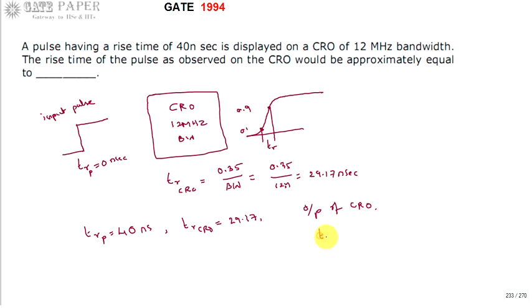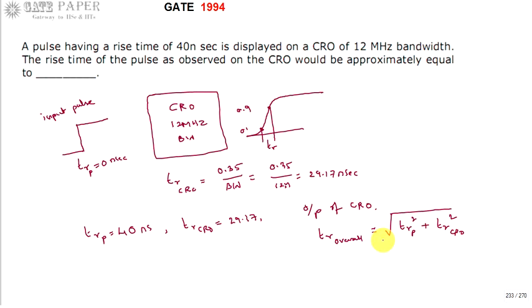So we must calculate TR, the overall rise time. Overall rise time is nothing but the square root of the rise time of the input pulse squared plus the rise time of the CRO squared. This is the equation for the overall rise time.